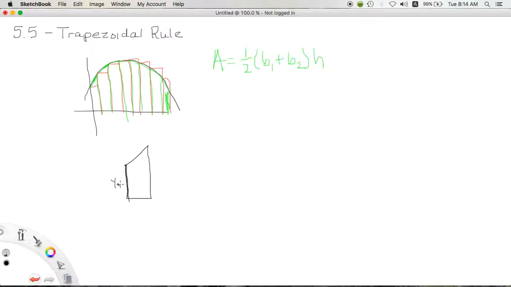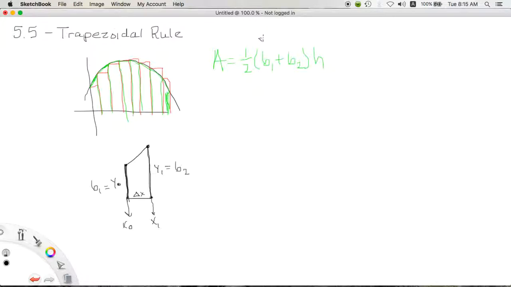We'll call the first one y0 because it's from the x-axis up to the curve, right? And your second base goes from the x-axis up to the curve to the next y value at x1. We'll call this x0 and this one x1. So we've got our B1 is y0 and our B2 is y1 based on the curve. And then our height is this delta x.